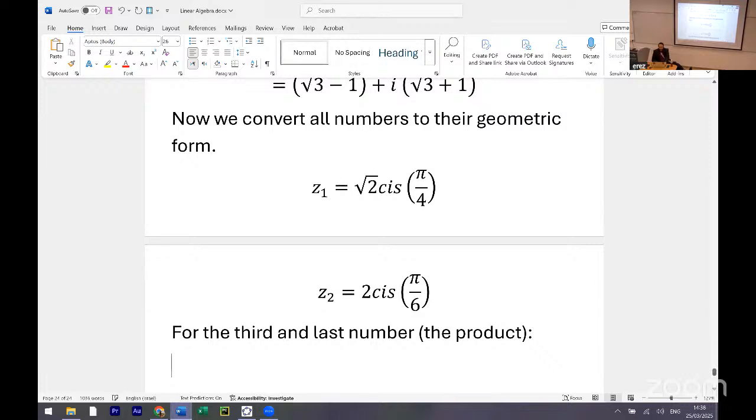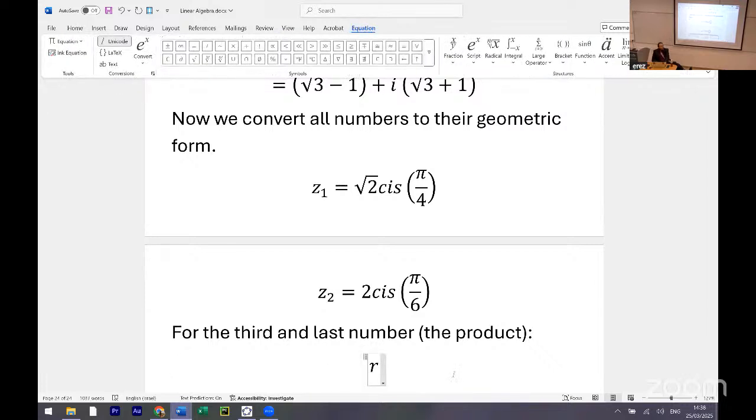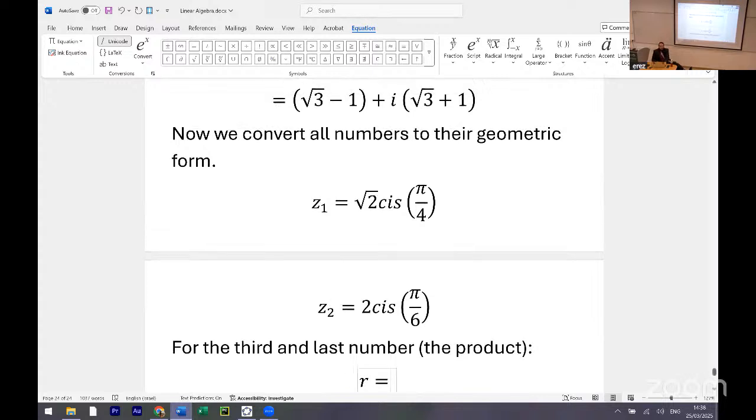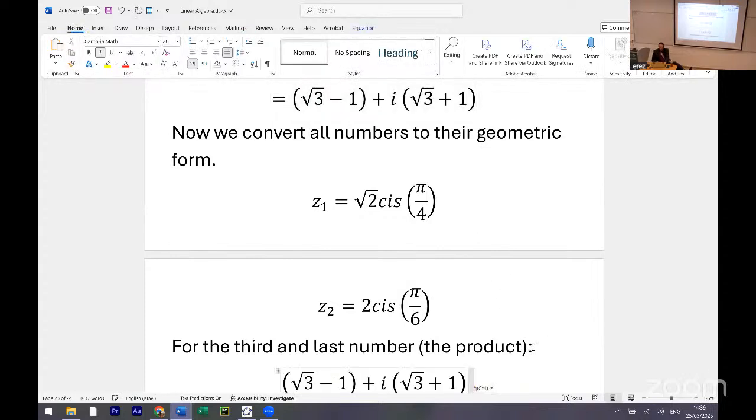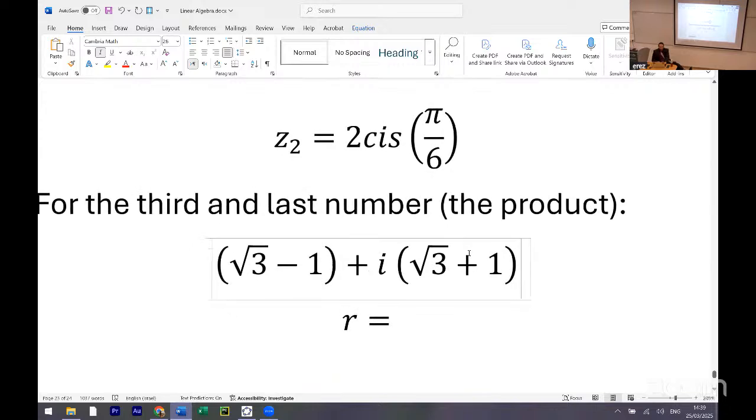And first of all, how do you calculate the r, the distance, the absolute value? 2 times, yeah, 2 times the square... It's not 2 times because it's a different number. It's the square root. I'll write the formula here.